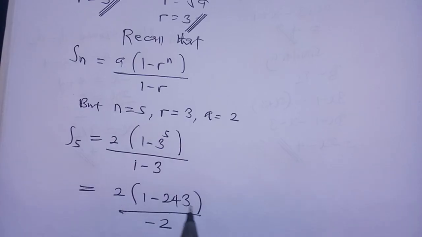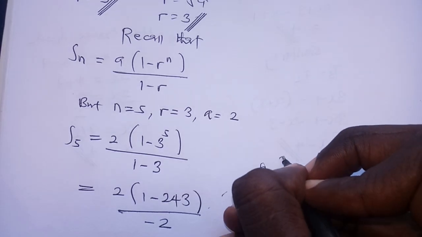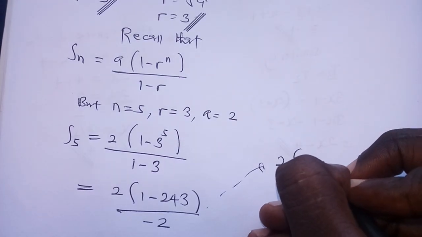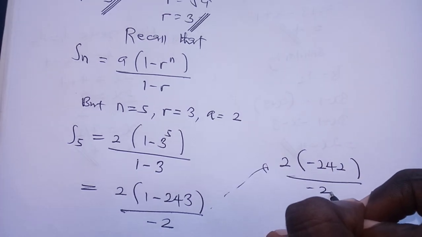Okay, now let's subtract what is inside. This becomes 2 into 1 minus 243, giving you minus 242. Then we divide by minus 2.